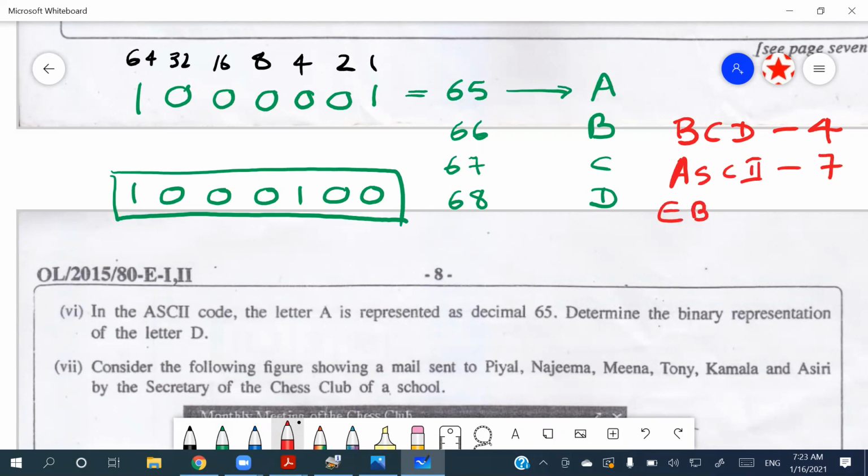And then we have EBCDIC, extended binary coded decimal interchange, which contains 8 bits. And finally, we have Unicode, which had 16 and growing. Right, so people just confirm whether you got this.